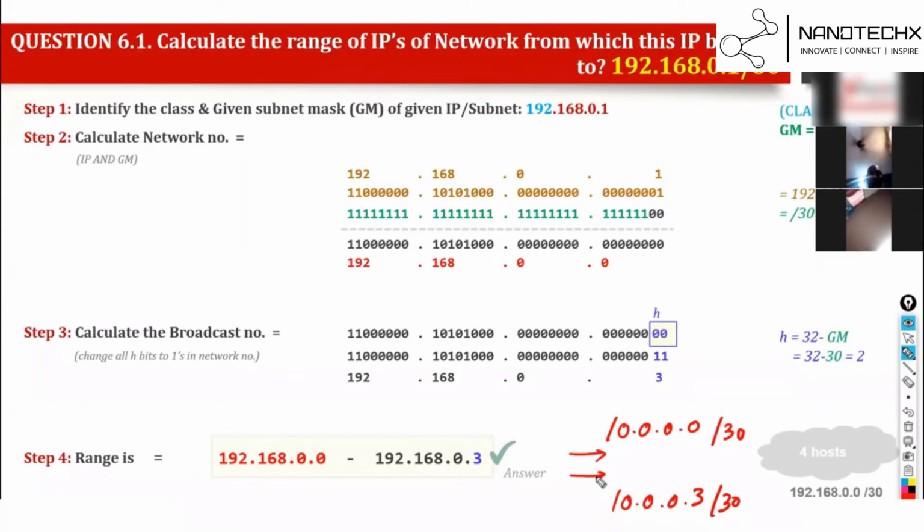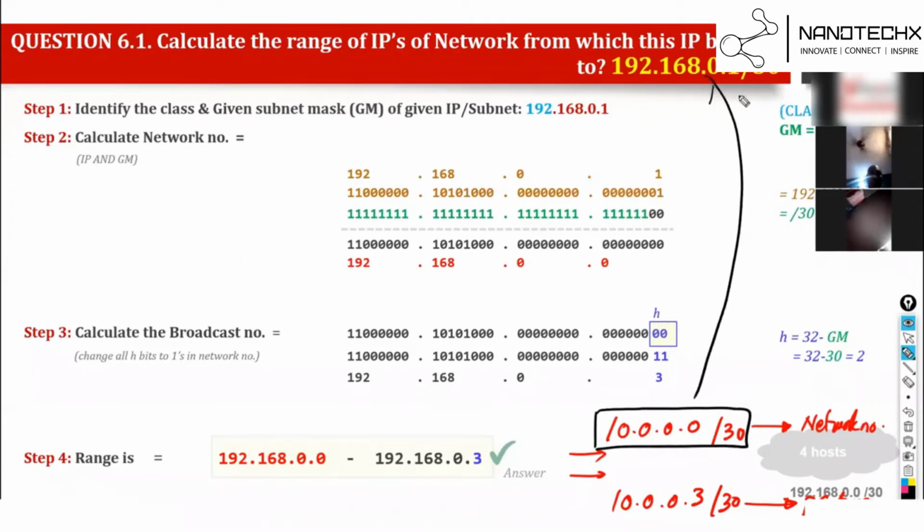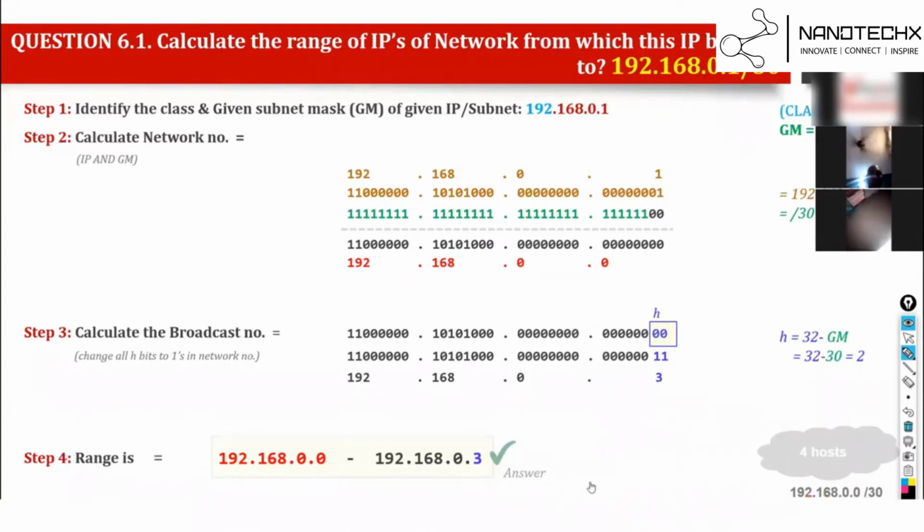It will be .1 and .2, right? The first IP cannot be used and is called the network number. The last IP cannot be used and is called the broadcast number. So whenever we want to calculate the range, we will find the first IP address and the last IP address. Then we will know where it belongs, right?